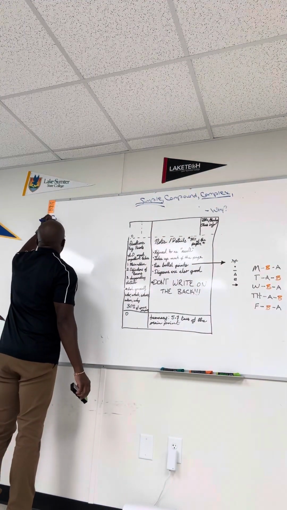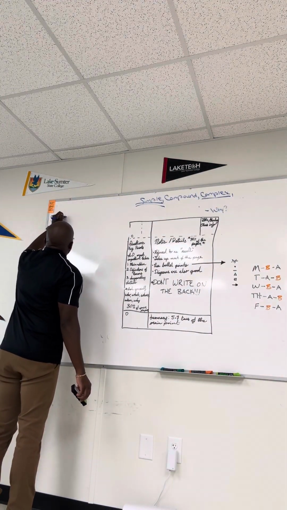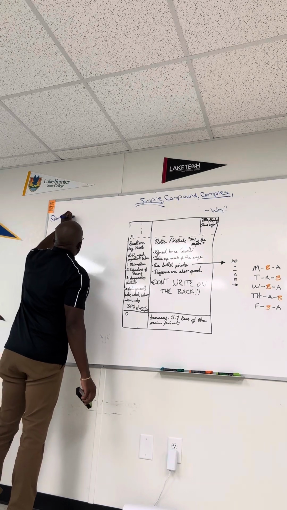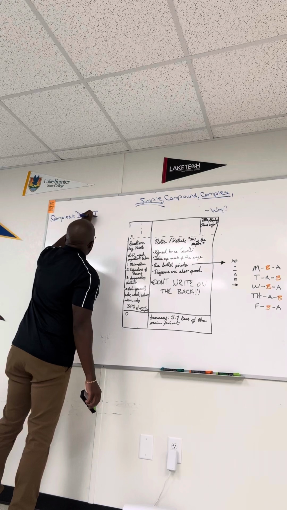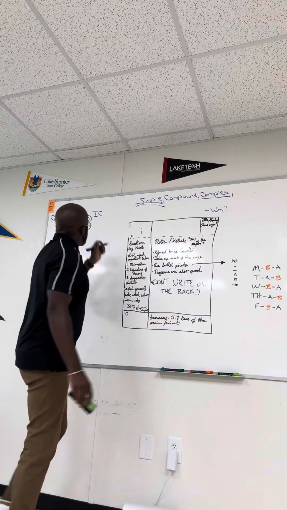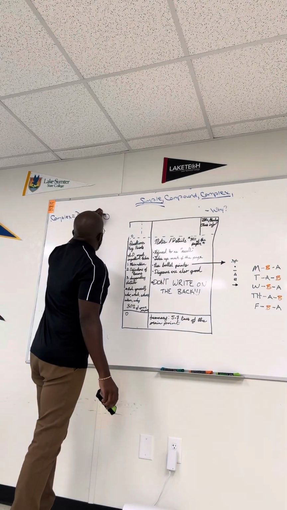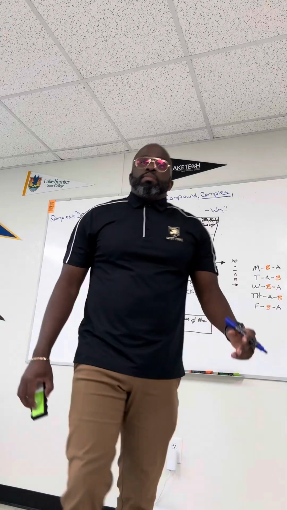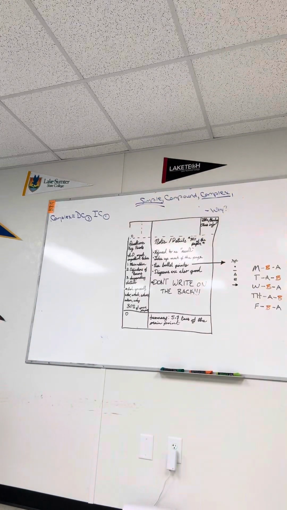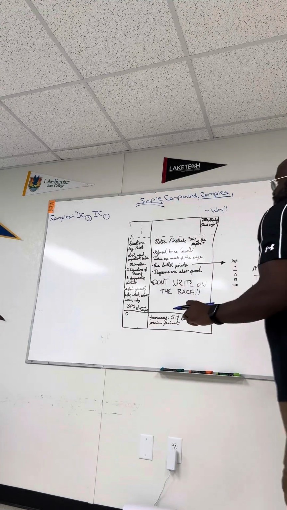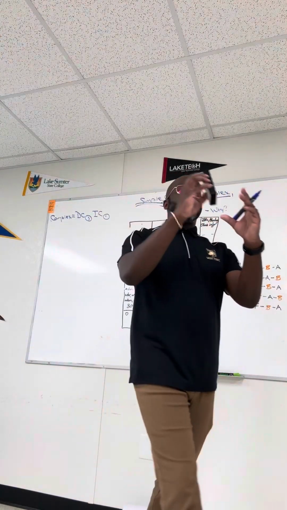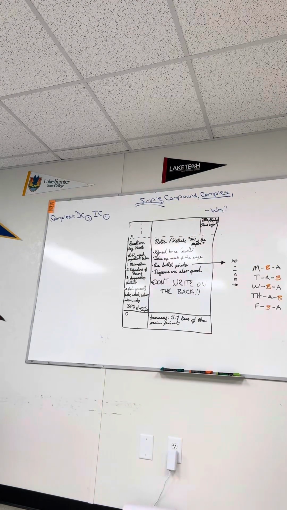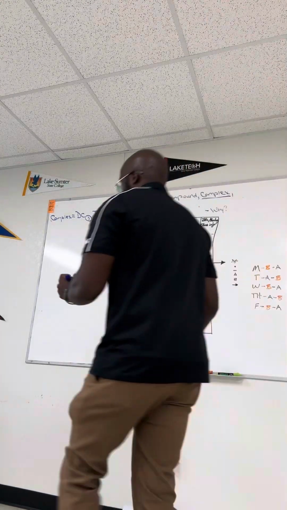Complex equals dependent clause, a comma, independent clause, period. A complex sentence is a dependent clause separated with a comma and an independent clause.